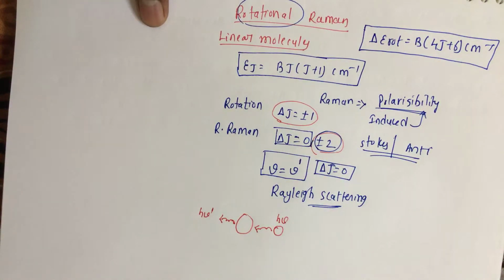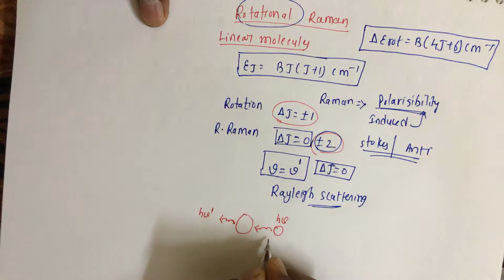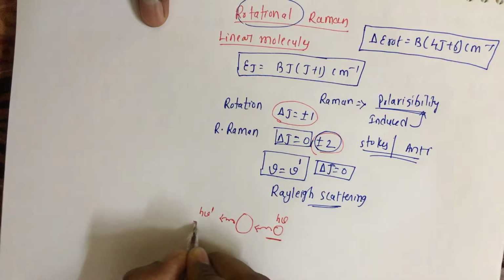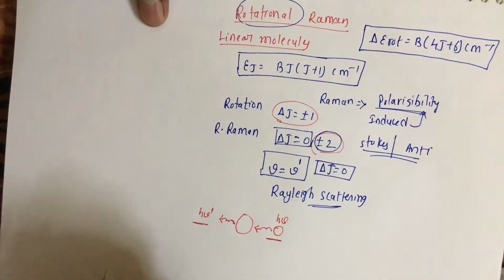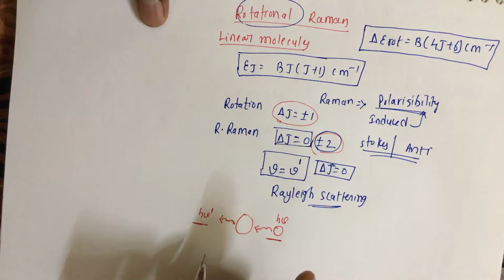Here two dipole transitions are associated: one for the incoming photon and another for the outgoing photon. So a total of two dipoles are associated.